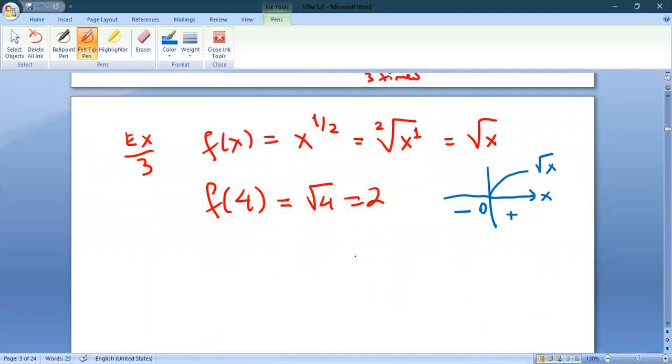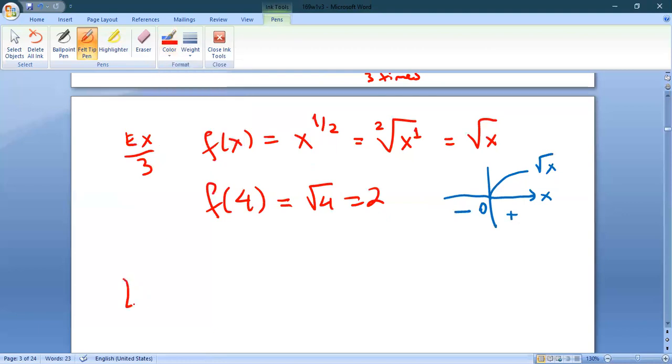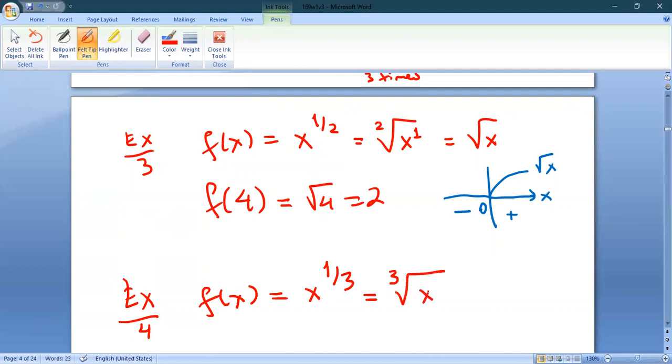Another example, let me give, is, let's say, cubic root. So that means I have the denominator is 3. So that means I take the cubic root of x to the 1, or simply we write cubic root of x.